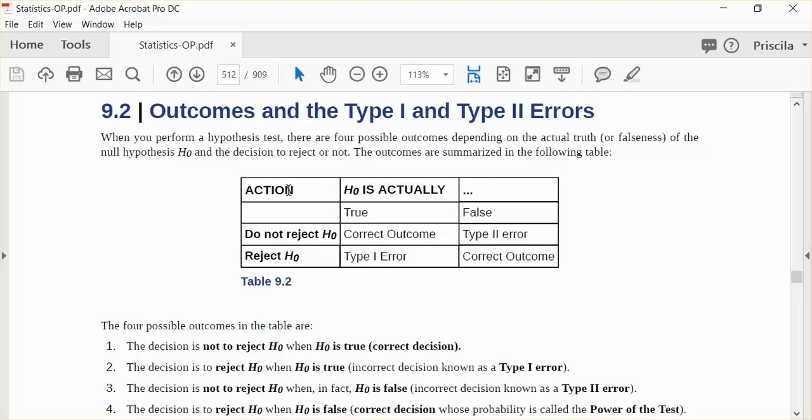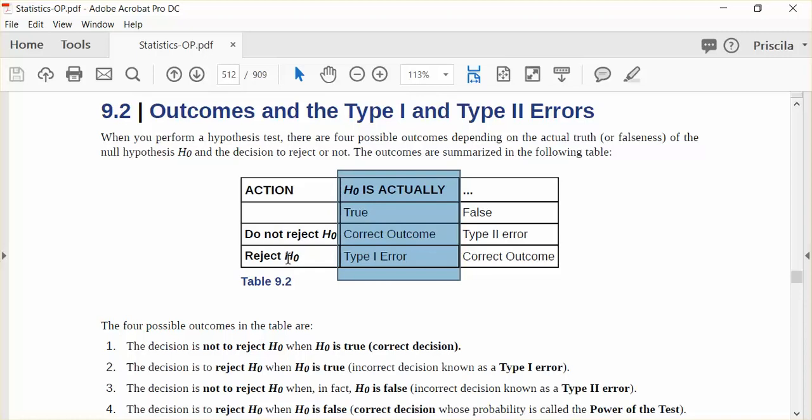You have your claim and your null hypothesis, you tested, you went through every single step of the whole process, and you have learned that your null hypothesis is actually true. So we're only on this side of the table. I'm not looking at the other side. So you figure out after everything that the null hypothesis is true, then you do not reject the null hypothesis, which would be the correct outcome, correct?